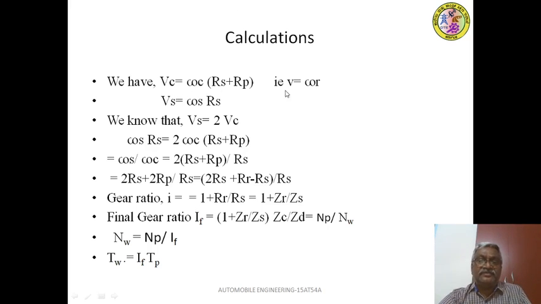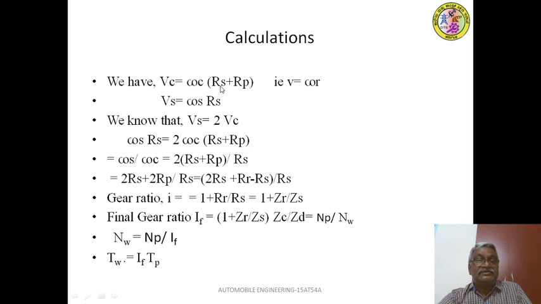We have a relationship between the linear velocity and angular velocity, that is linear velocity v equals angular velocity into r, the radius of the rotating member. By considering this relationship, we have here the linear velocity of the planet carrier equal to the angular velocity of the planet carrier into the effective radius of that planet carrier.